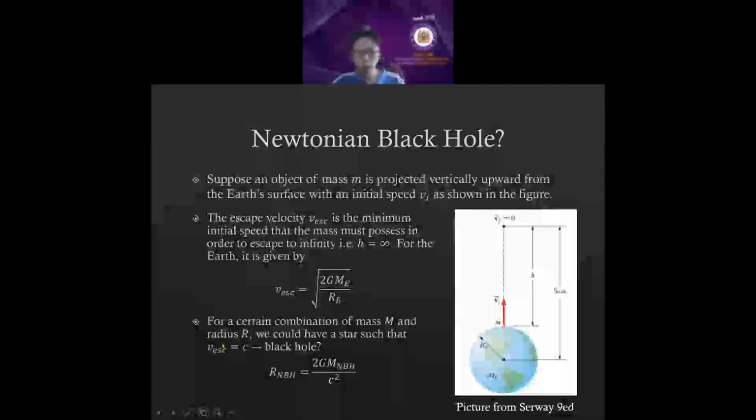Now, for a certain combination of mass and radius of maybe a planet or a star, you could have a planet or a star where the escape velocity equals c. Now, does this mean nothing can escape from this star?